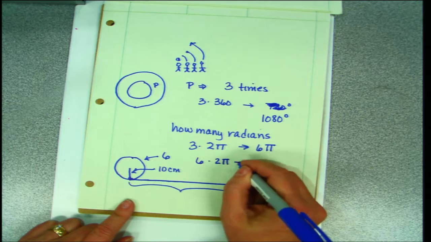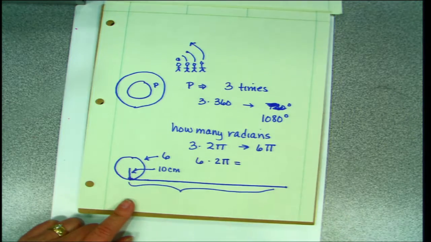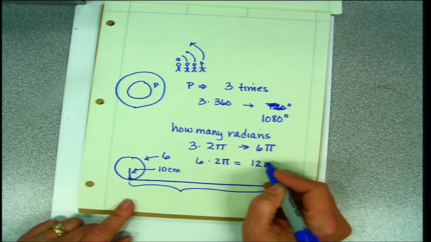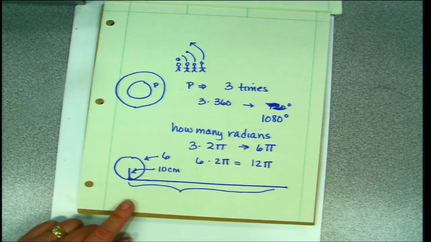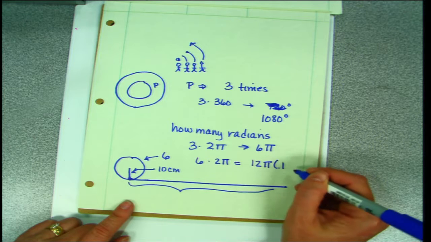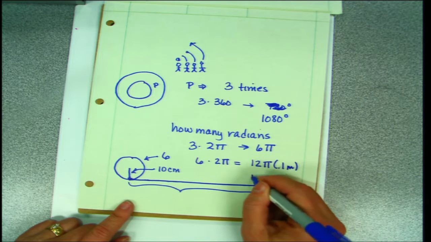My radius is going to be 0.1 meters. So this is going to be 1.2 pi length. If I plug that in the calculator, 1.2 times 3.14 gives me something like 3.768 meters.